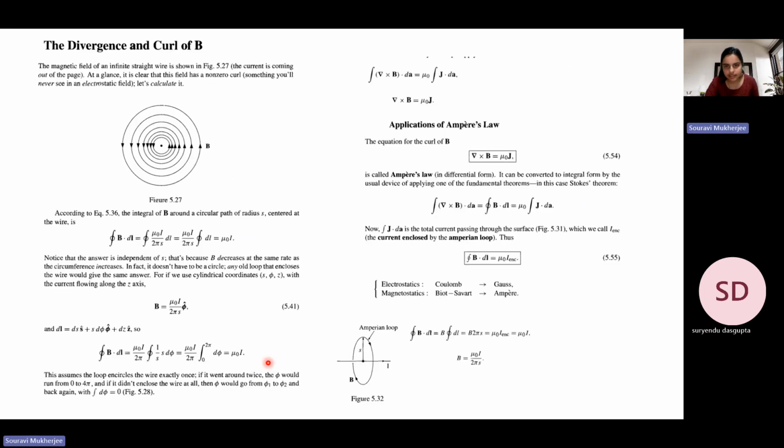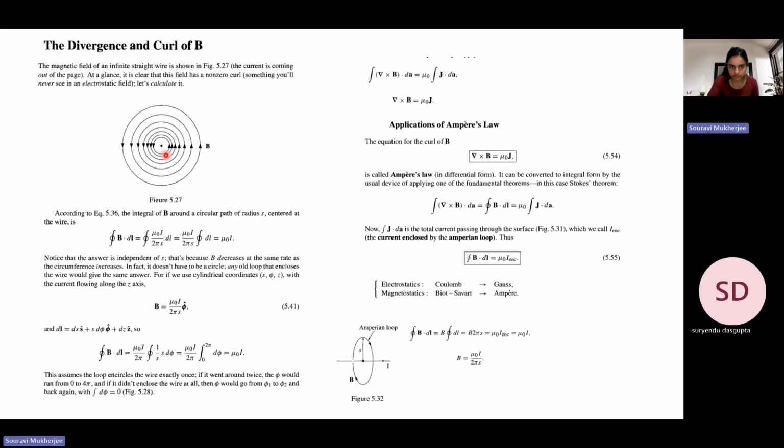Now let us take a step ahead and talk about divergence and curl of B. We know that for a current carrying wire, the magnetic field is given as mu 0 I by 2 pi S, where S is the distance from the wire. This is how the field lines look.